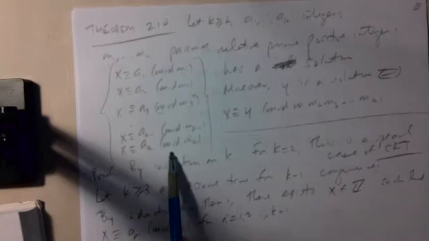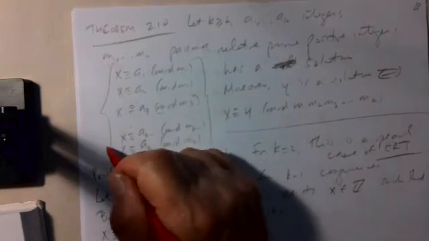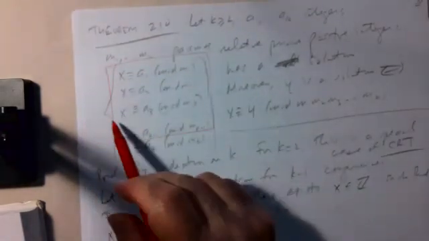I don't know anything about the last congruence yet, but for the first k minus 1, I can have an x that satisfies these k minus 1 congruences.